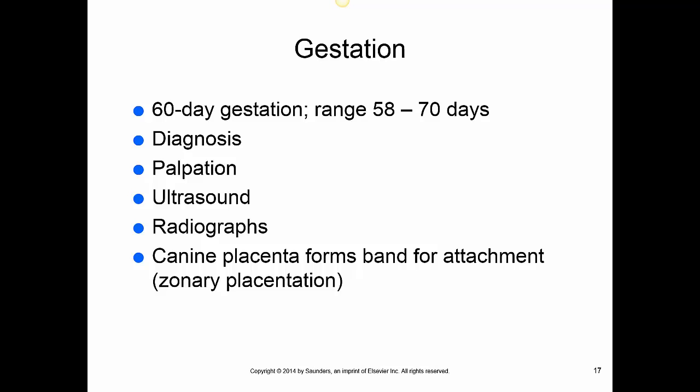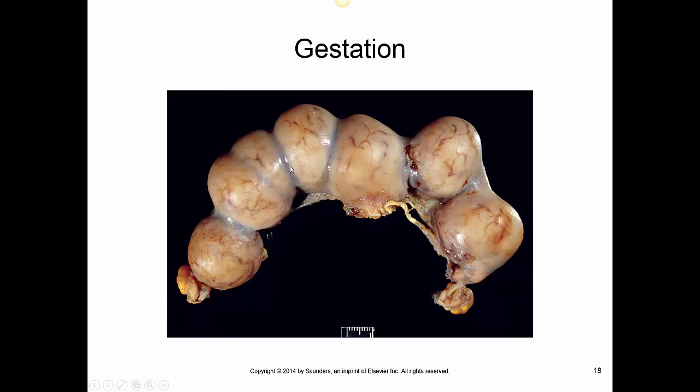One thing to know about, and this goes not only for dogs but also for felines, which is next, is remembering that the placentas are zonary band attachments. And this goes with a lot of your litter-bearing animals. So you can see here's a uterus, and you can see different puppies here, and you can see where the uterus segments off in between them.